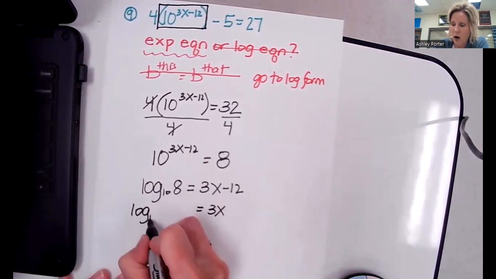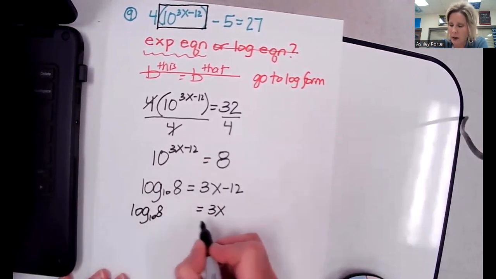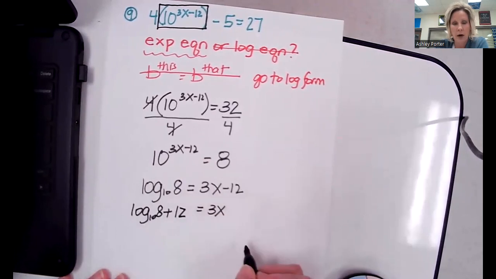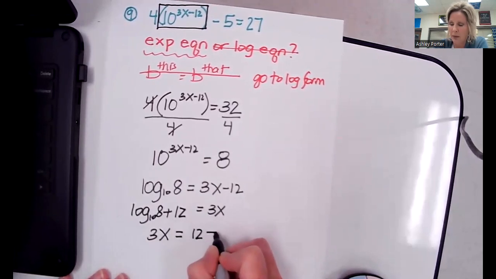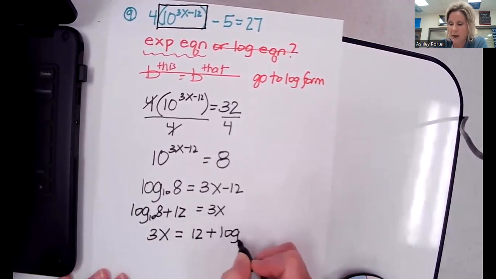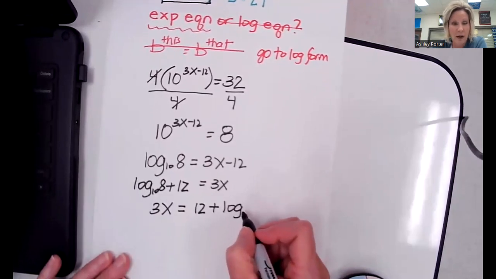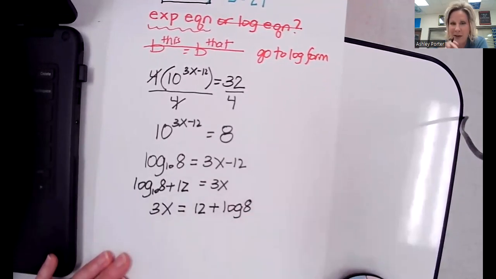Now, if you want to drop the base 10, you can. The more normal order is to put the plain number ahead of the log number. So since I'm having to rewrite, I'll say log of 8 instead of log base 10 of 8. That's a choice though. You can keep the base 10.